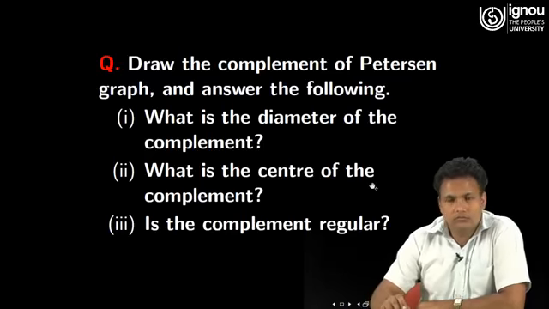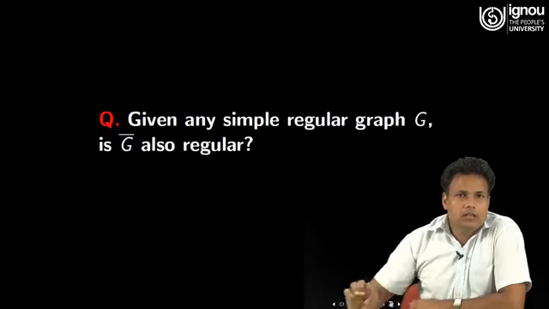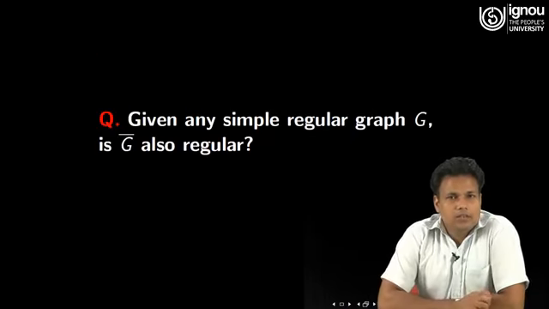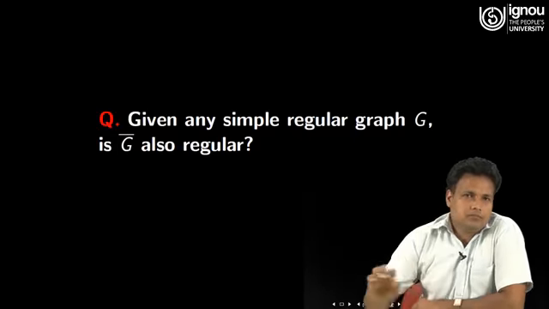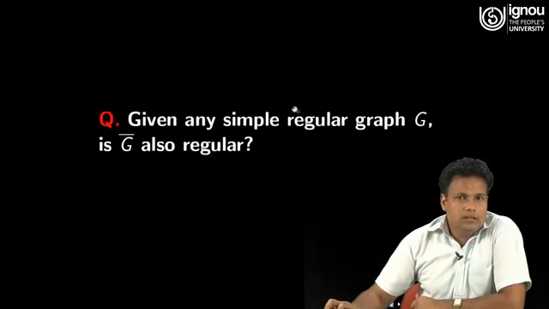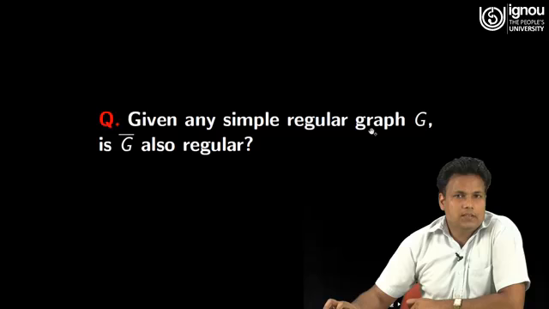This is also easy. The next question is, given any simple regular graph G, is G bar also regular? You can see that a regular graph is a graph where all the vertices have the same degree, right.